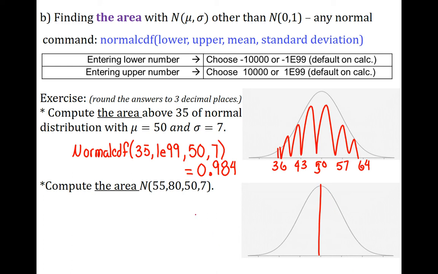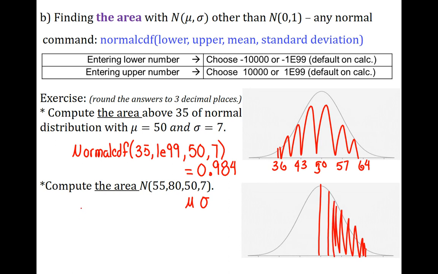So remember, this is my mu. This is my standard deviation. So I've got values which are between here and, I don't know, 80, which is out here somewhere. I'm trying to find the p-value over there on that right-hand side.